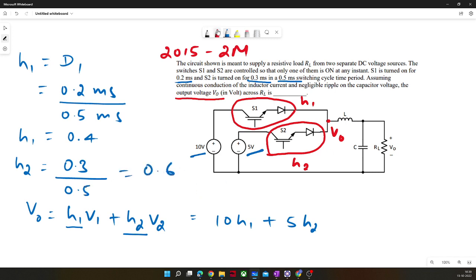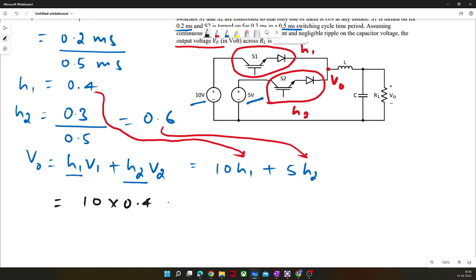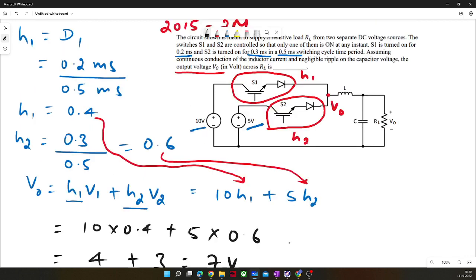Now you just need to put the value 0.6 here and 0.4 here. Your job is done. So 10 into 0.4 plus 5 into 0.6 will come out to be 4 plus 3, which is 7 volts. So 7 volt would be your answer. Wasn't that easy?